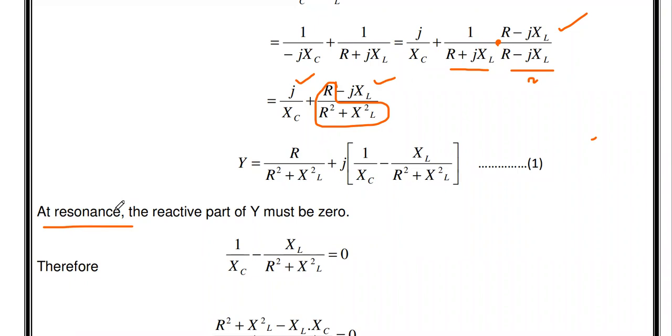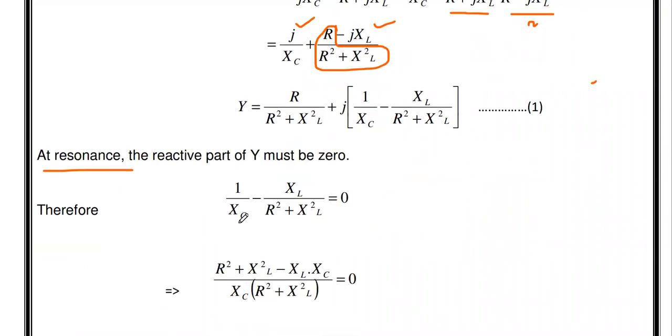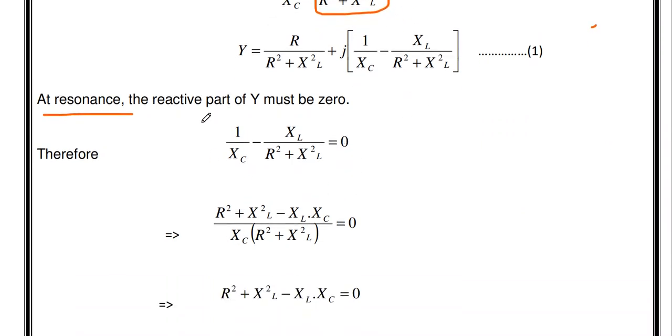So at resonance, the imaginary part, 1 by XC minus XL divided by R squared plus XL squared, becomes 0. We have to equate this imaginary part to 0, and from that we have to find the omega naught value.